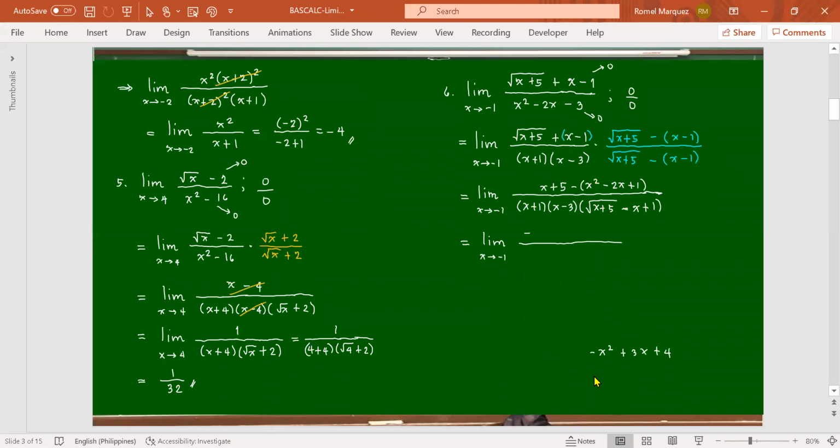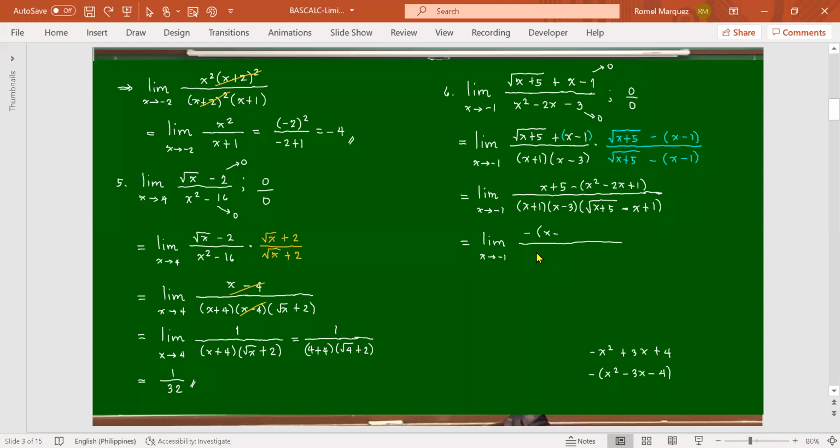Right? Factor out the negative, then factor the remaining. What's the factored form of the remaining? Negative of x plus 1, x minus 4. Okay, x minus 4. Okay, guys?